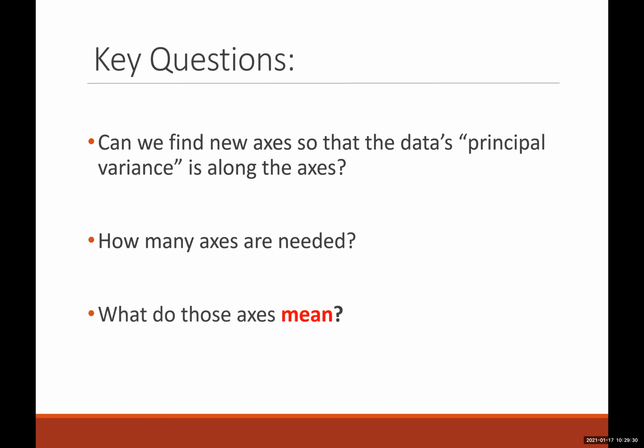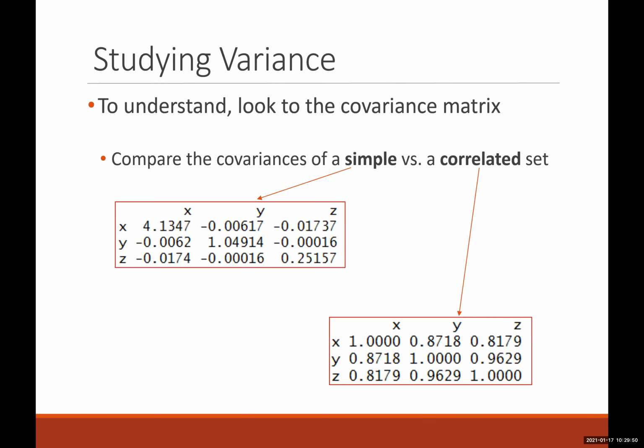And then once we have the number of axes and determine what they are, we need to figure out what they mean. And we're going to see this more when we critique journal articles, as well as when we do the actual data sets ourselves.